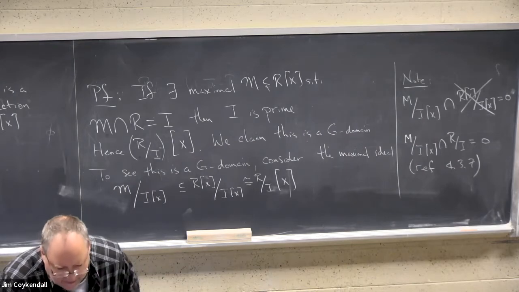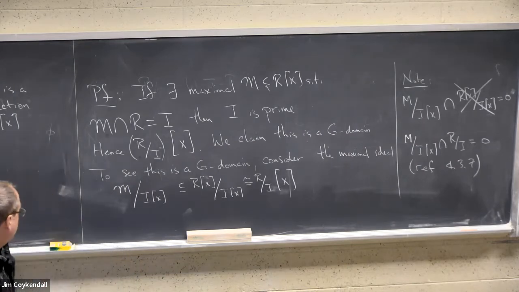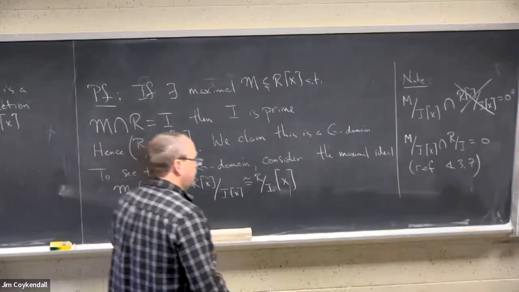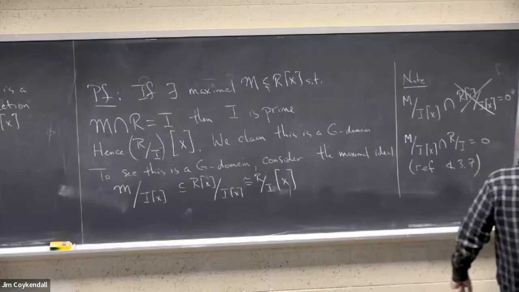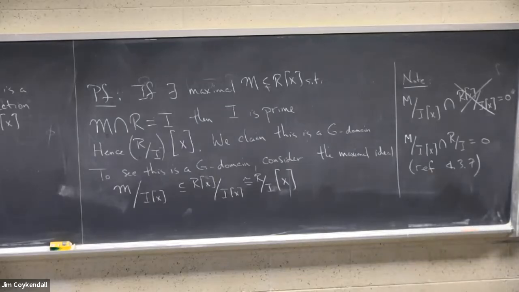On the other hand, let's suppose that I is a G ideal, and we've got to show that it's a contraction of something, I'm sorry, a maximal ideal, mod IX.